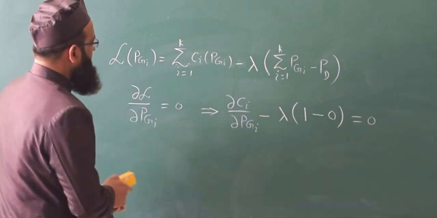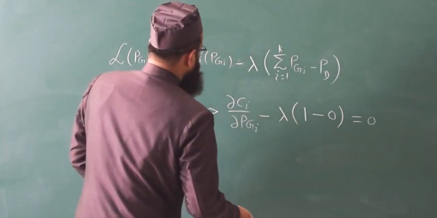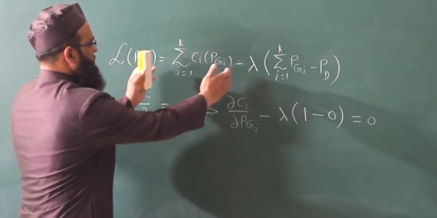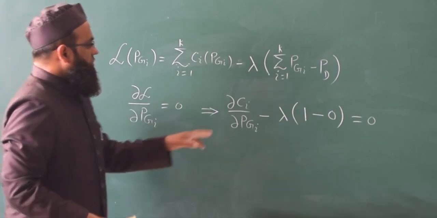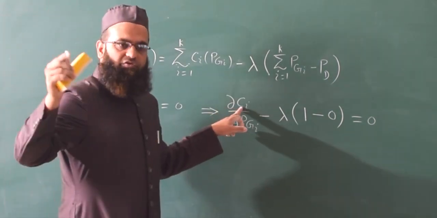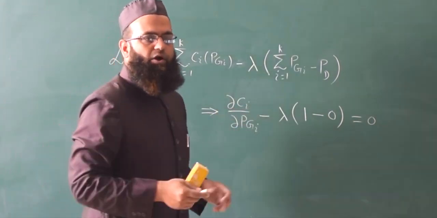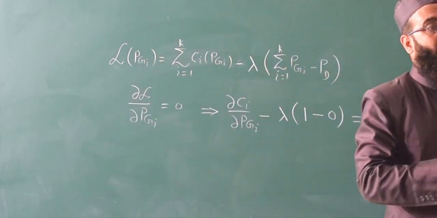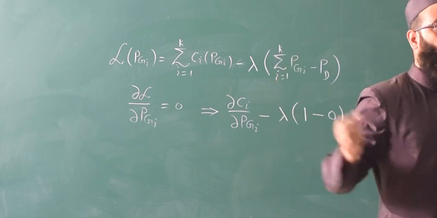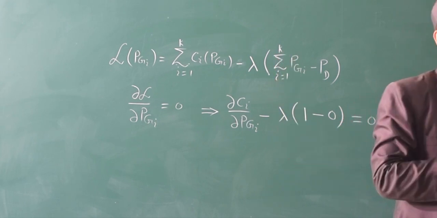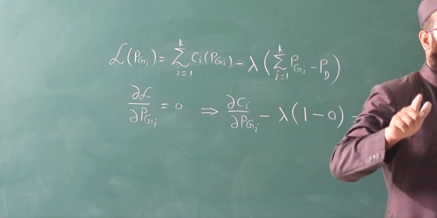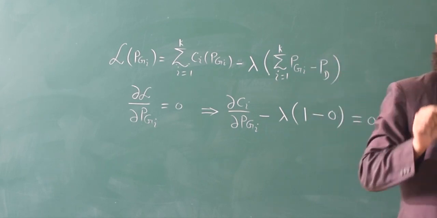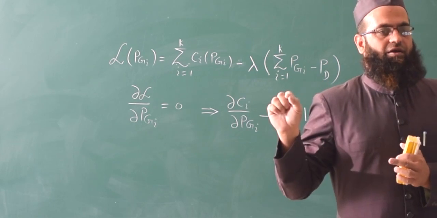So further, Ci is C1 or C2 or C3. Our function is this whole, right? Fine. So this is C1 plus C2 plus C3, and C1 is depending on Pg1, C2 is independent of the other Pgs. Suppose C1 is depending only on Pg1, independent of Pg2, Pg3, Pg4, right? So Ci is only depending on Pgi.